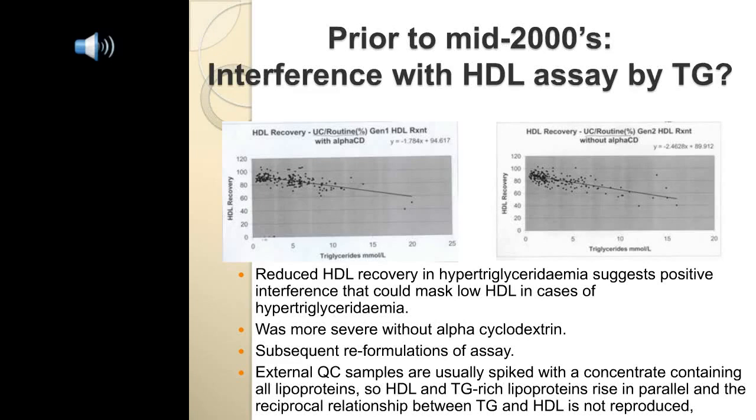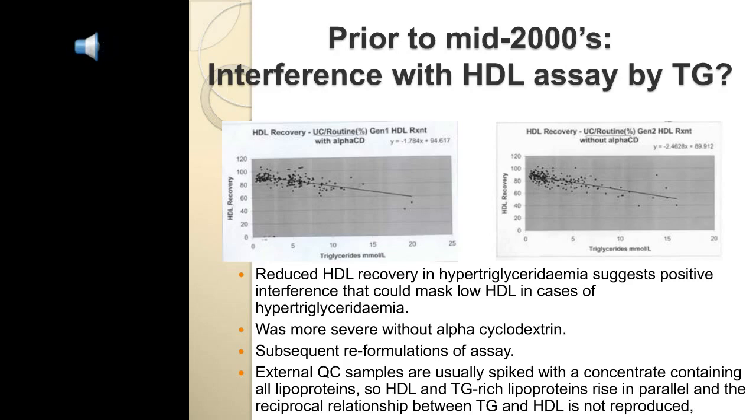In our experience, this has led to a phenomenon where the assays that were common in the mid-2000s, they may have been updated since then, but at that stage there was a demonstrable interference with the direct HDL methods via triglyceride-rich lipoproteins.